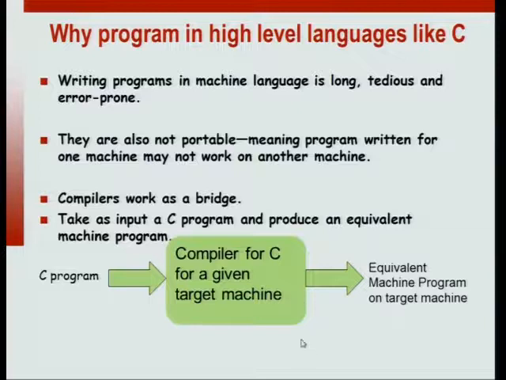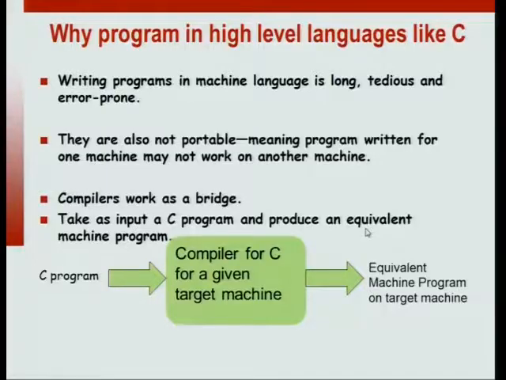Think of them as a translator. The input is a C program, which you give to a compiler. The output of the compiler will be the equivalent machine program for whichever machine you want to run it on. So a compiler is a translator which translates from C to machine code.